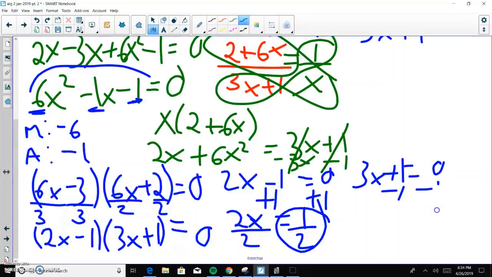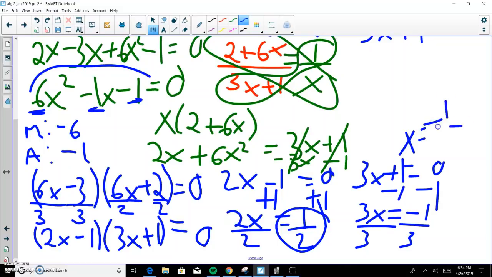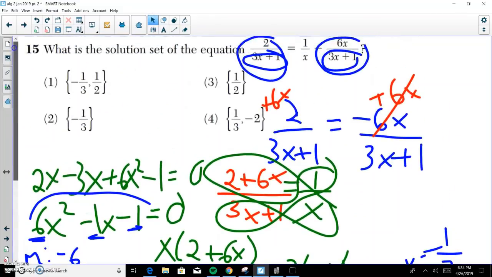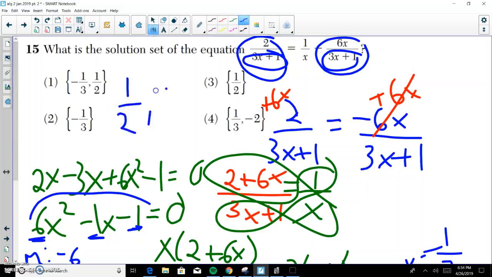So minus 1, 3x equals negative 1, divided by 3, x equals negative 1/3. So we got 1/2 and negative 1/3. So it looks like choice 1 will be our answer.